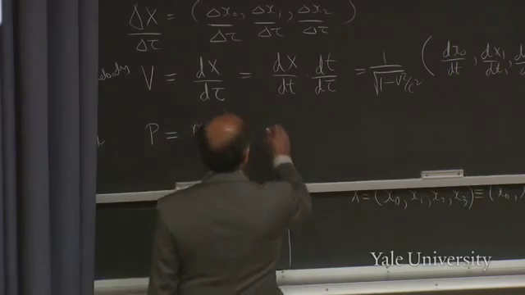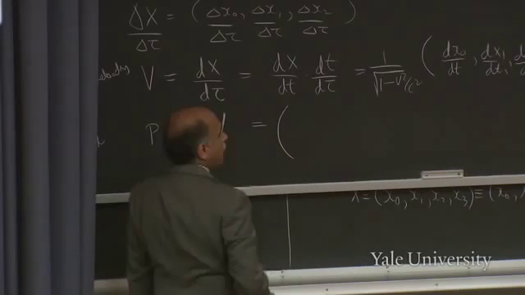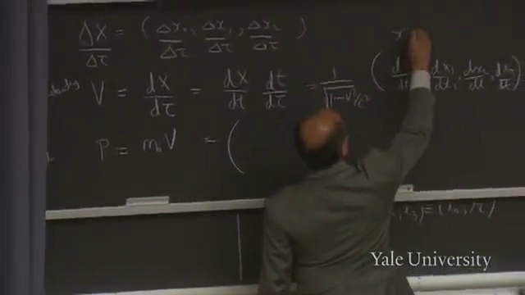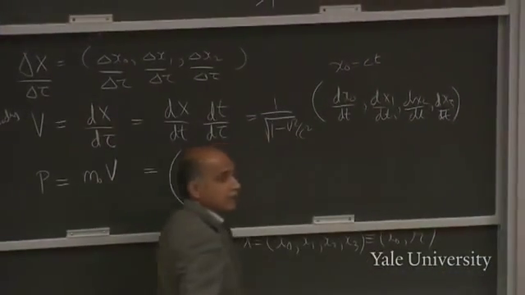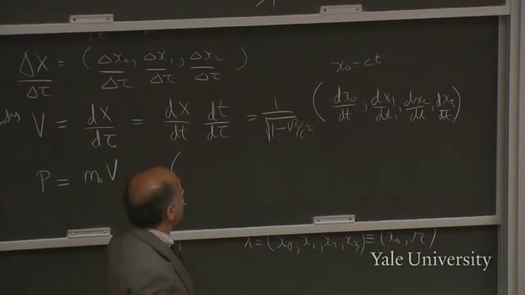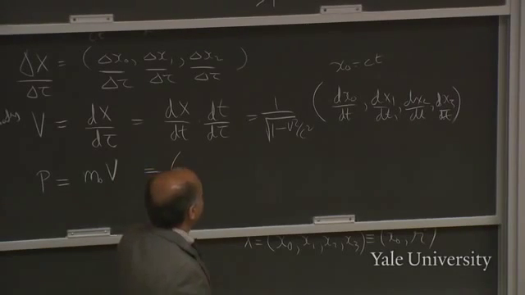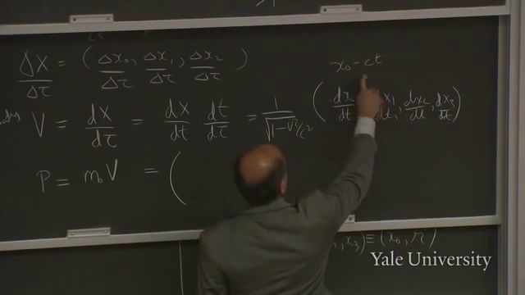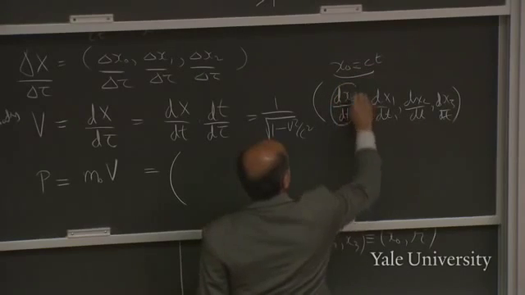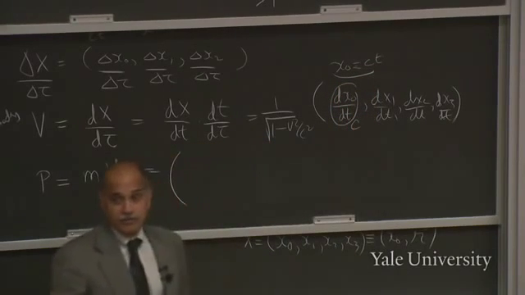So what is it going to be? Let me write it out. What is dx naught over dt? You guys remember x naught equal to ct? Sorry? x naught was ct, and dx naught over dt will be equal to c. You're right. If that's what you were saying, I agree with you. Yes.